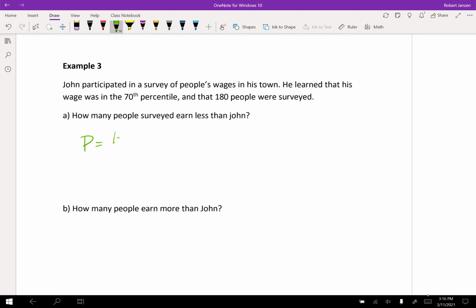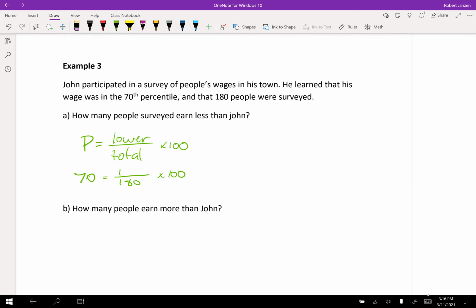It's the number that are lower over the total number, and then we're going to multiply that by 100. Well, we know the percentile is 70. We don't know how many are lower. We know there's 180 people. Okay, so we need to figure this out. How do I figure out this lower?